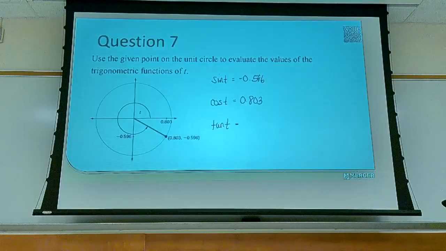It's negative 0.596 over 0.803. Which is what?